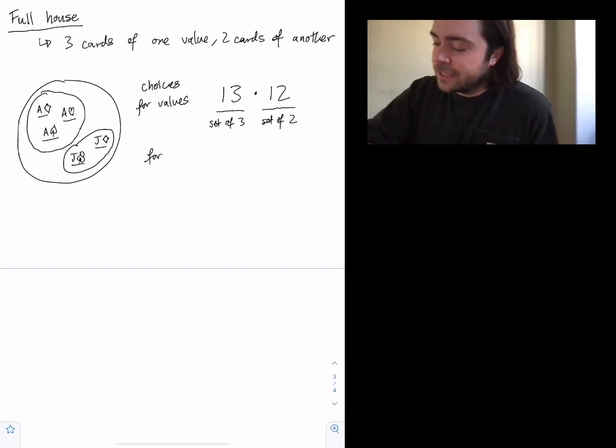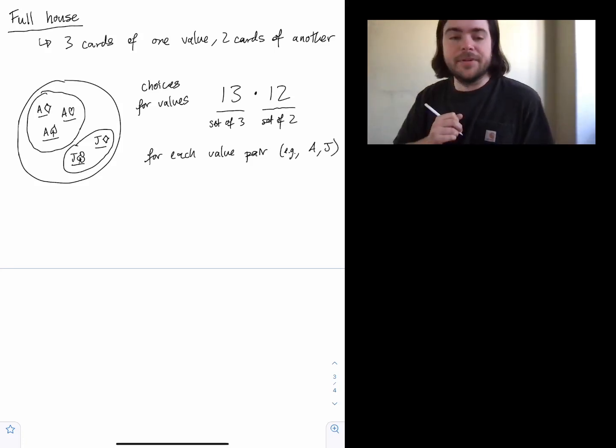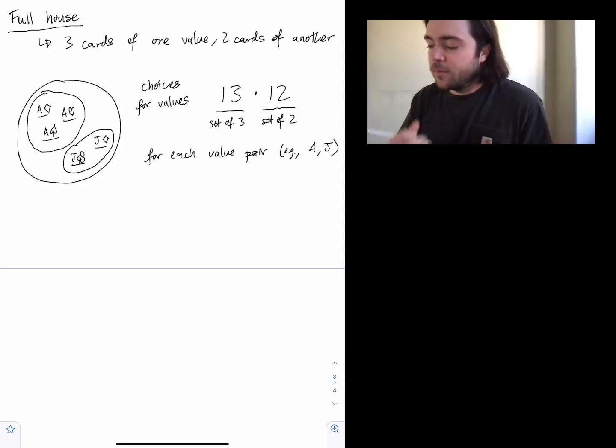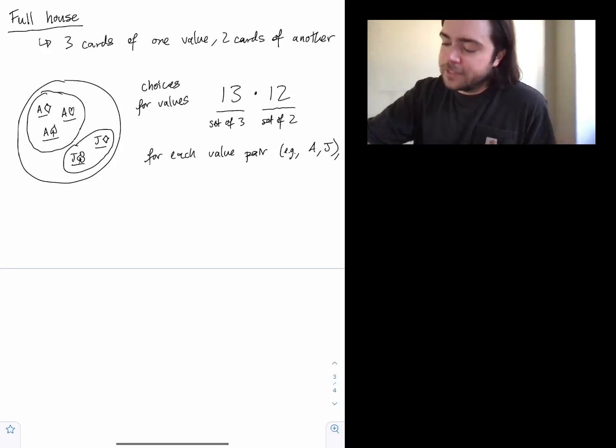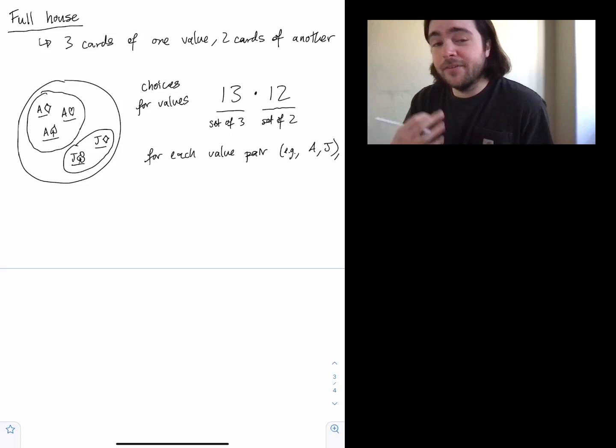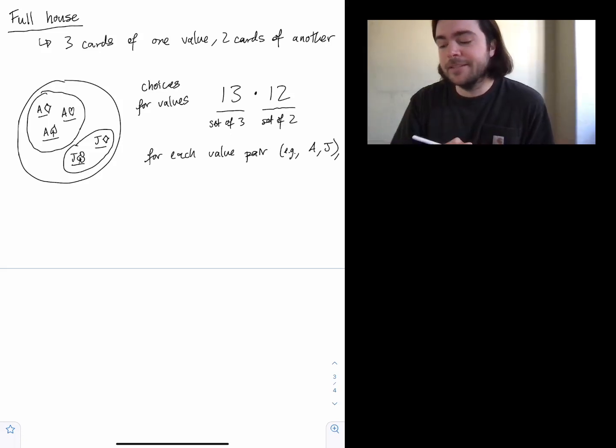but now I have to worry about the suits. Okay, so for each value pair, for example, ace jack, that's the example in the photo, what are our choices for the suits? Well, for the first value, I get to choose exactly 3 out of the 4 suits for my cards.